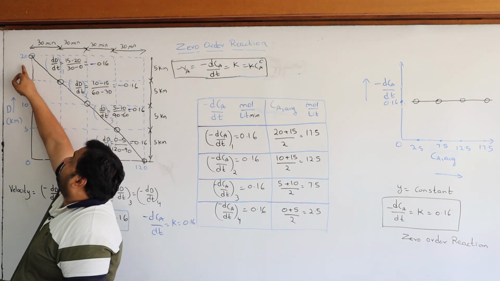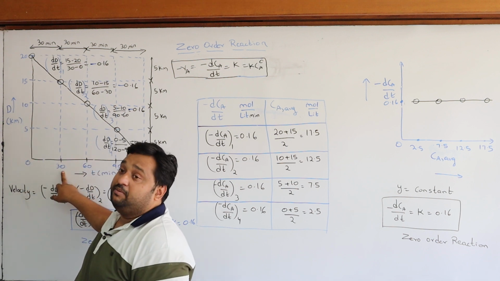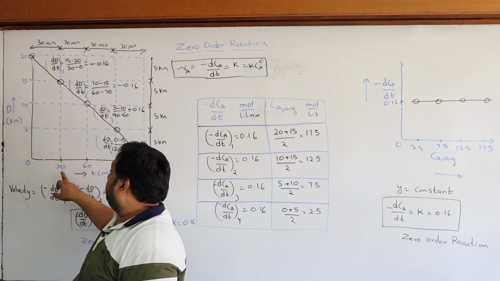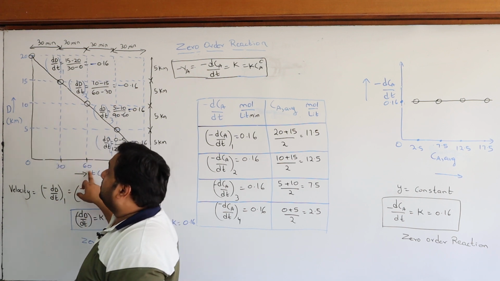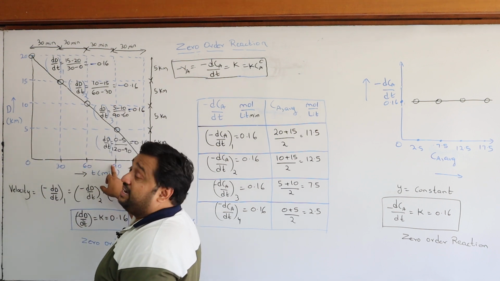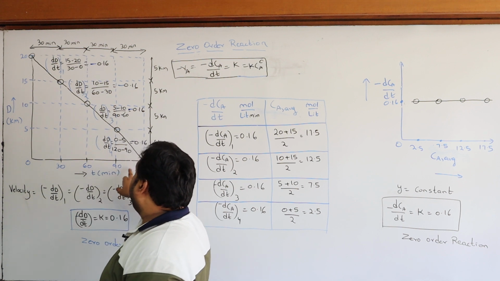The person first goes from 20 to 15 kilometers, taking 0 to 30, that means 30 minutes. Second, 15 to 10 kilometers, from 30 to 60 minutes. From 10 to 5 kilometers, 60 to 90 minutes. And 5 to 0 kilometers, from 90 to 120.